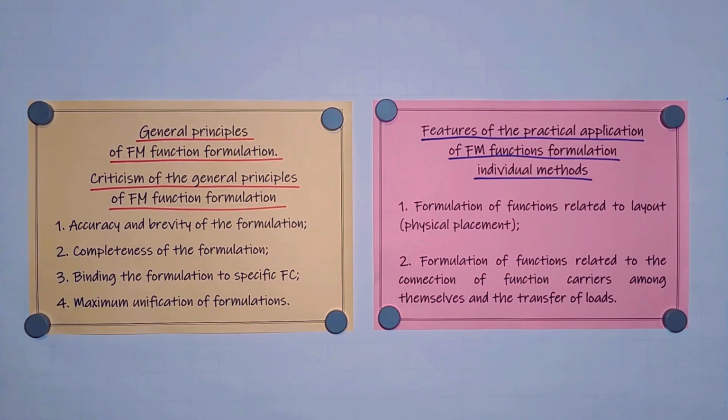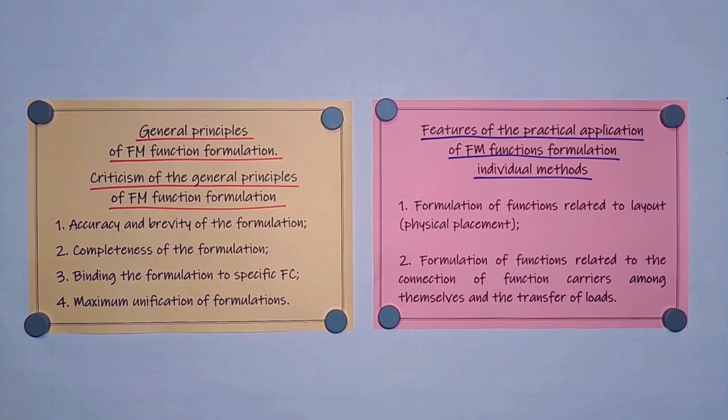Principles 2, 3, and 4 are largely general, not only in name but also in actual content, i.e., guided by them, even if there is a classification of functions, it's quite difficult to formulate functions. We will not waste time on a more detailed description of these principles, noting only that within the framework of the classification of functions and the methods of their formulation proposed in the training course Cost Engineering, the fulfillment of these requirements is ensured.